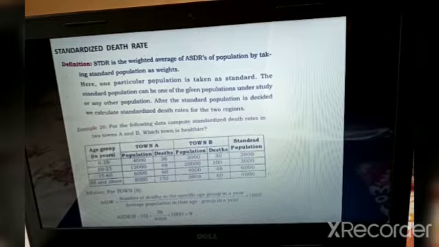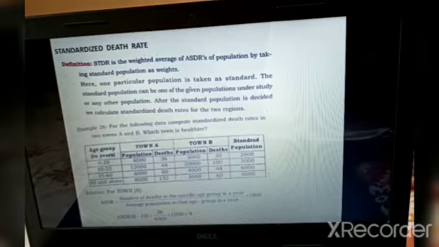The standardized death rate is given by summation PA divided by summation P, where P is standard population, A will be age-specific death rate for population, and we'll calculate that, and similarly we'll calculate that for another town, and then we'll see.